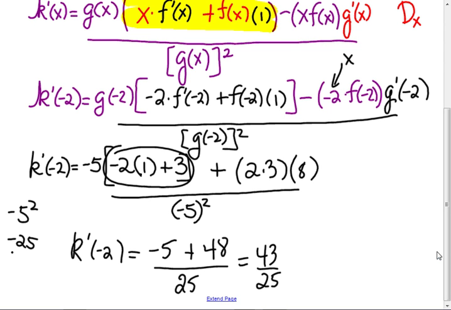Page 170, it's 3.5, day 1. Number 7. 7 through 31 odd. And we gave you the odds so you can check answers in the back, but the solutions are online.